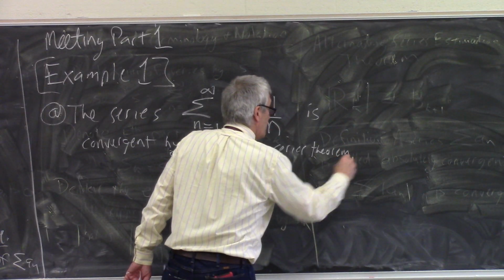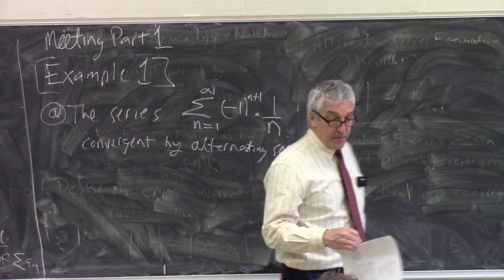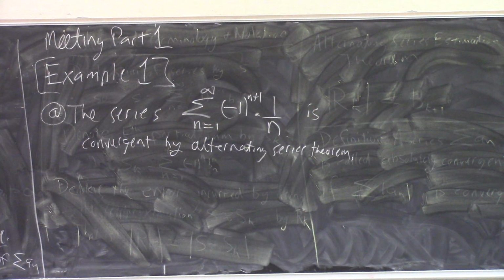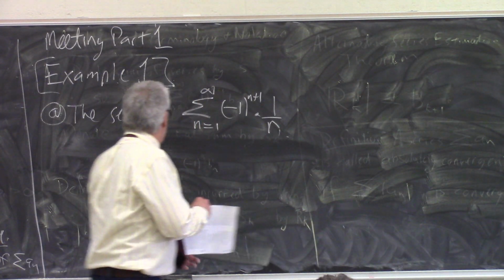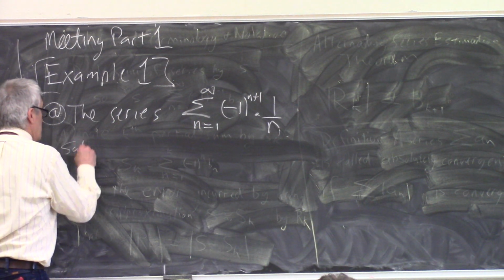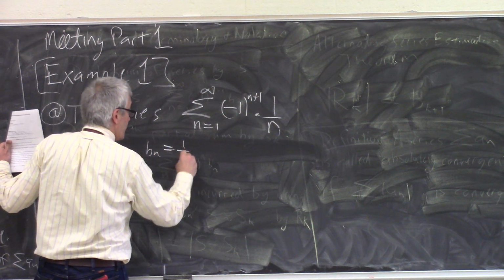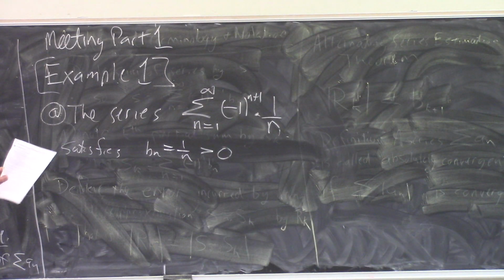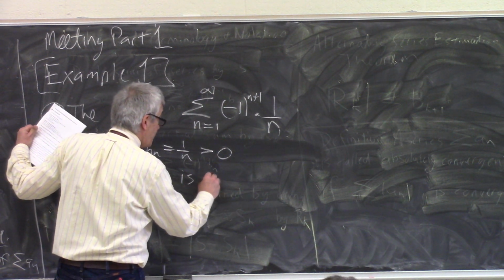Now, why? Well, maybe before writing down that conclusion, so don't write down that conclusion. This series satisfies, well, b_n is equal to 1 over n, so those are positive. What else? b_n is a decreasing sequence.